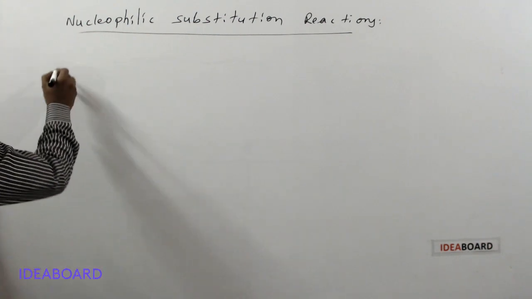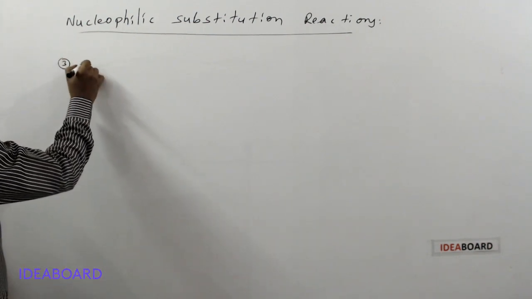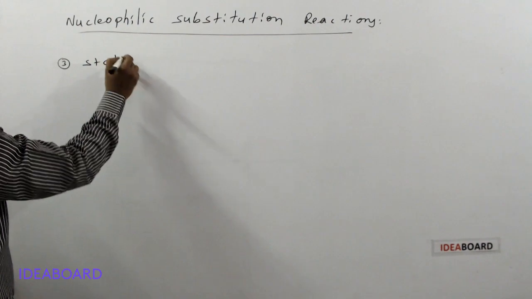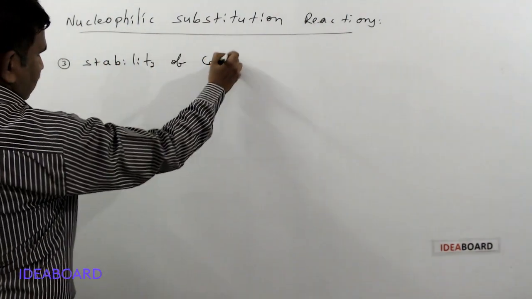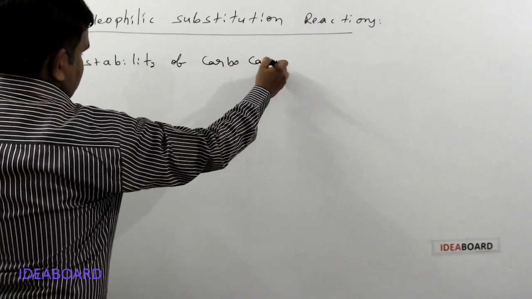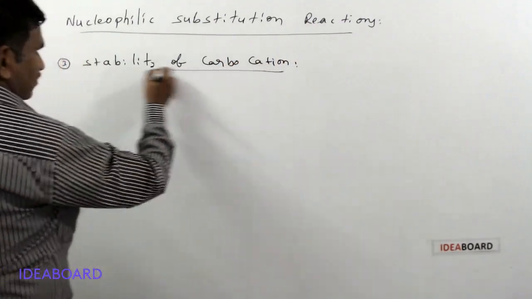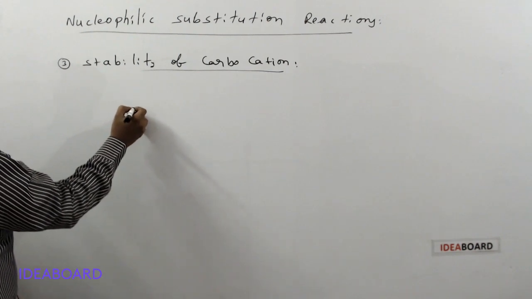Next, third point: stability of carbocation.